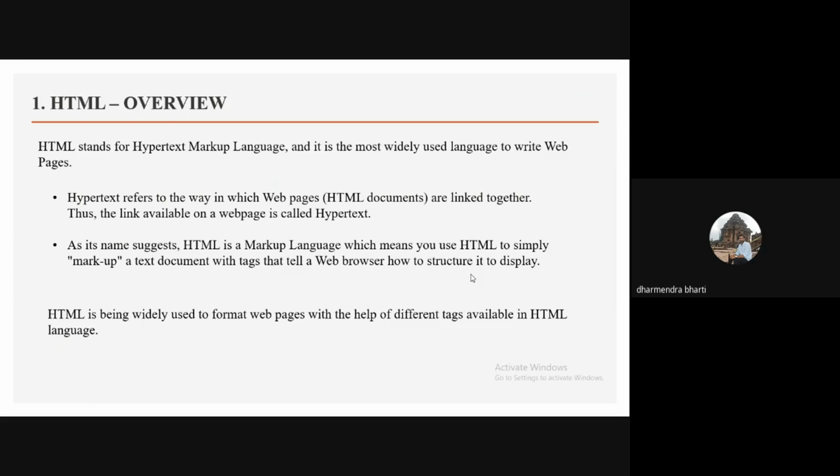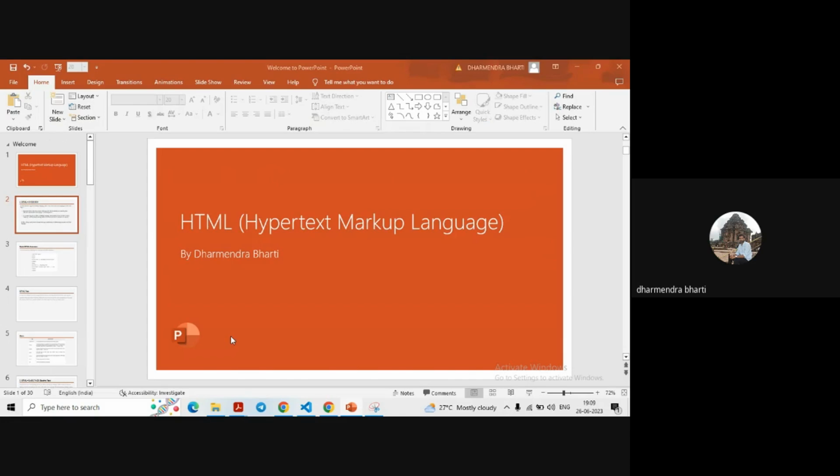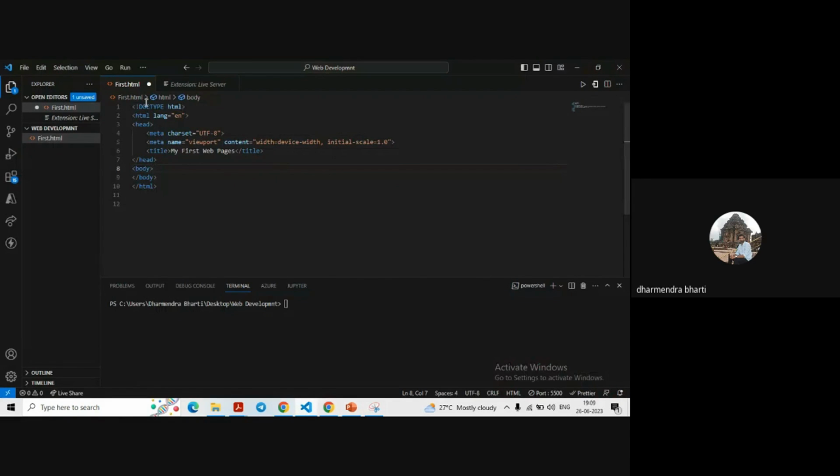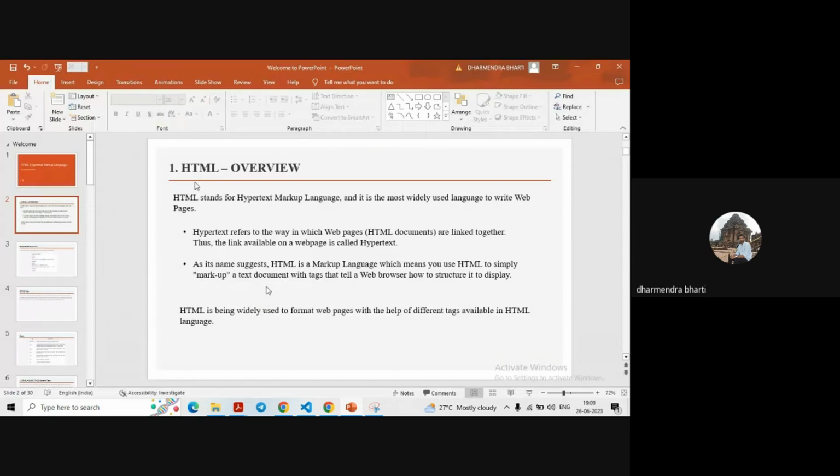HTML is widely used to format web pages with the help of different tags, like the head tag and the body tag. Using these tags we are making web pages.